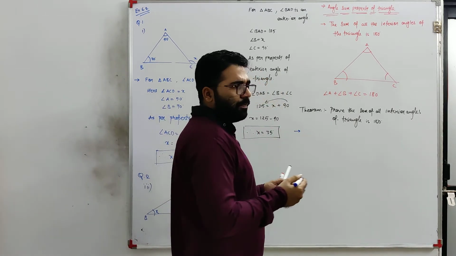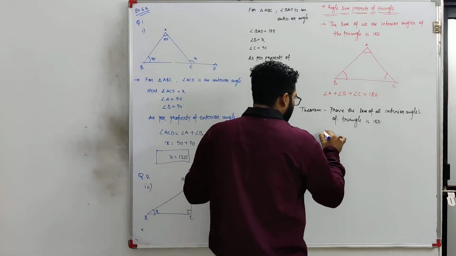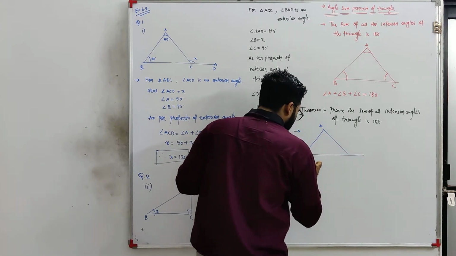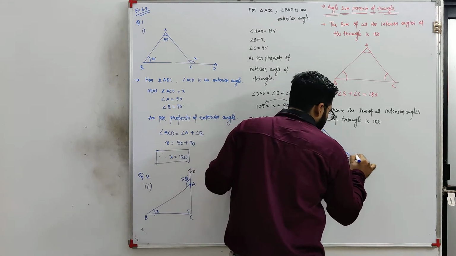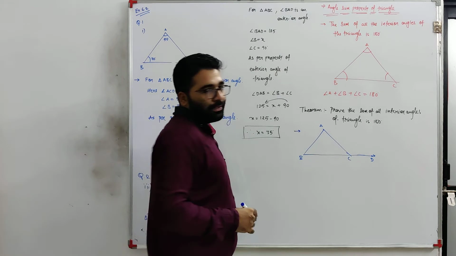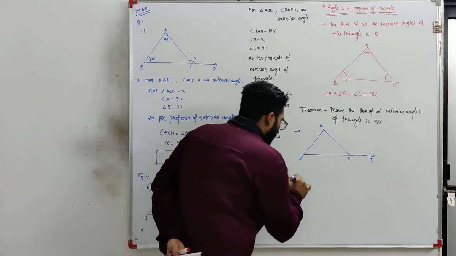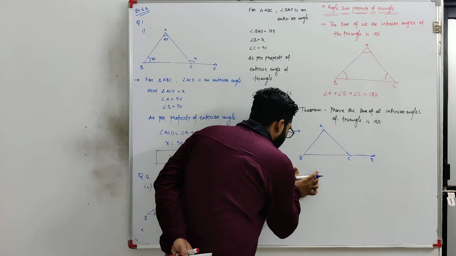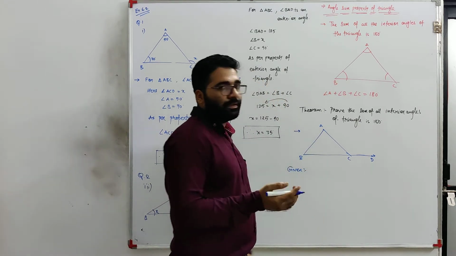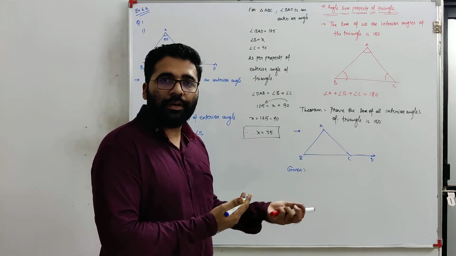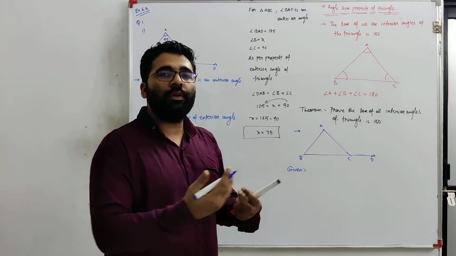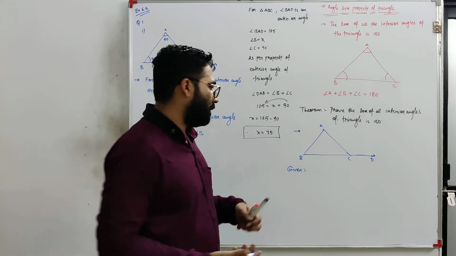First, here I am taking triangle ABC such that angle ACD is its exterior angle. So given, what is given in the question? Given means the conditions or the things that are given in our question to solve the further part.